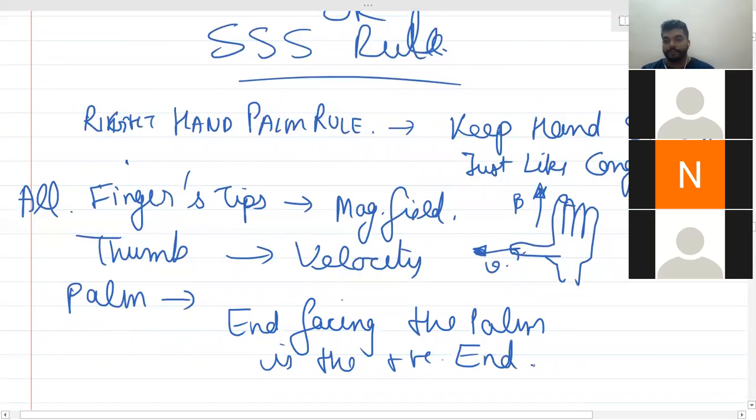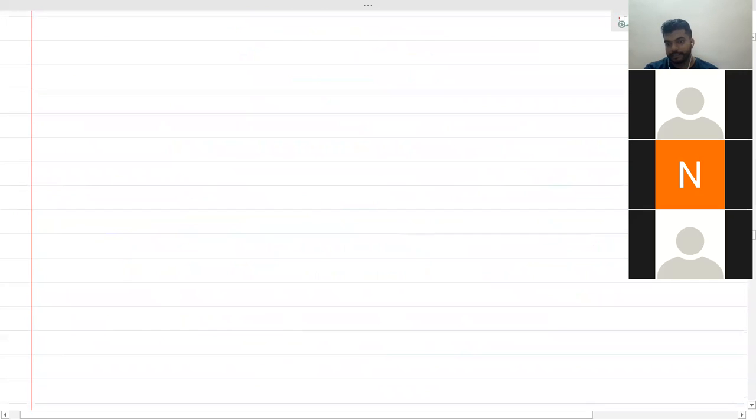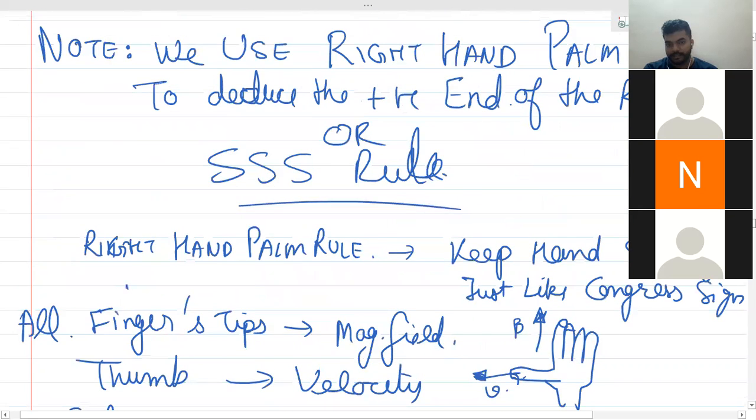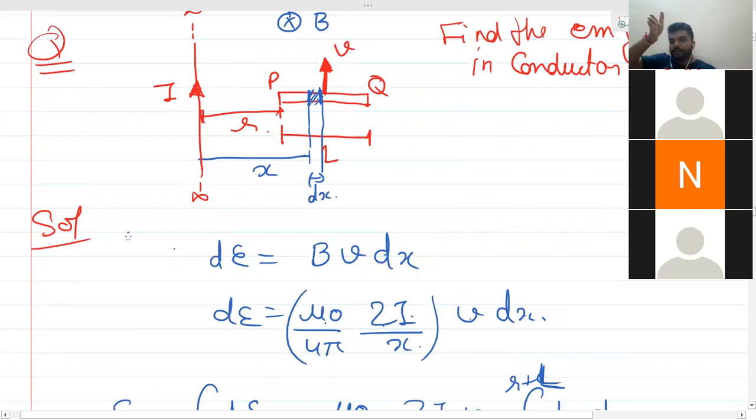Okay. So here in the previous case, can you see over here? Velocity is upwards. Can you see my thumb pointing upward? And can you see the magnetic field acting into the plane? So hence my fingertips are pointing towards the screen.